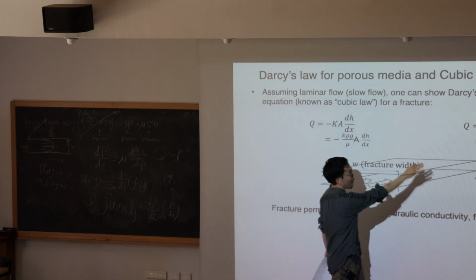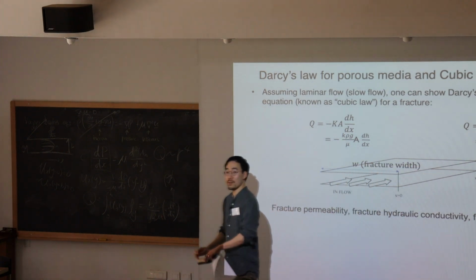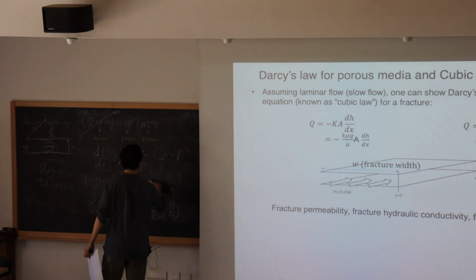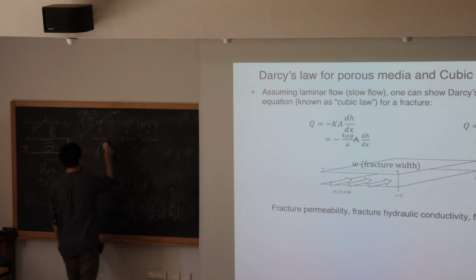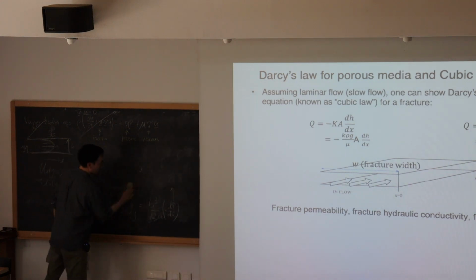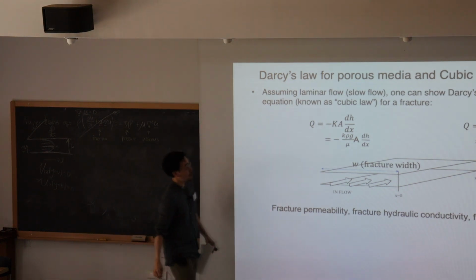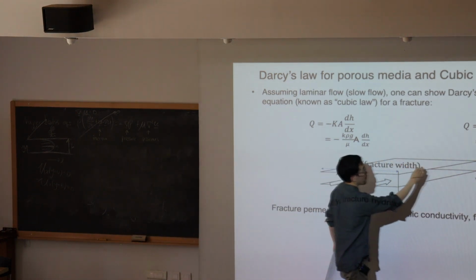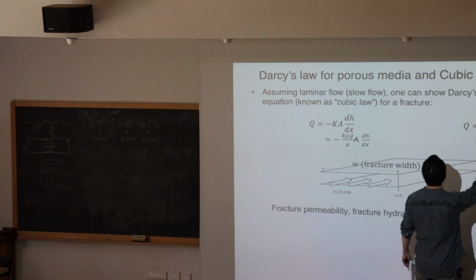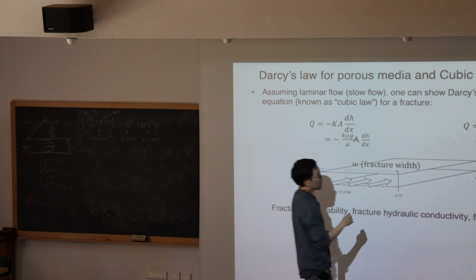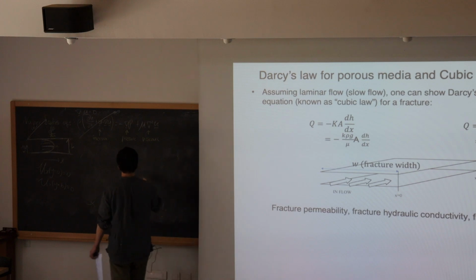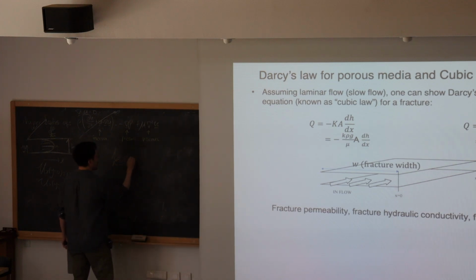From these two equations, what is fracture permeability? Can you speak up? b squared over, great, yeah, exactly. So with Darcy's law, you just make it equivalent to this here, and small k was permeability. Now you know where the fracture permeability definition is coming from, which is b squared over 12.